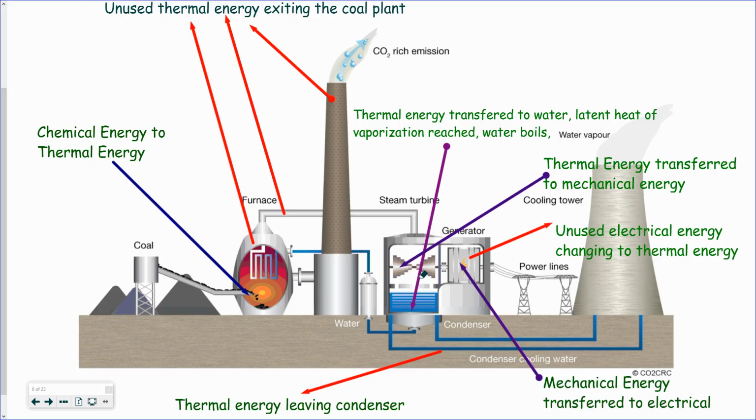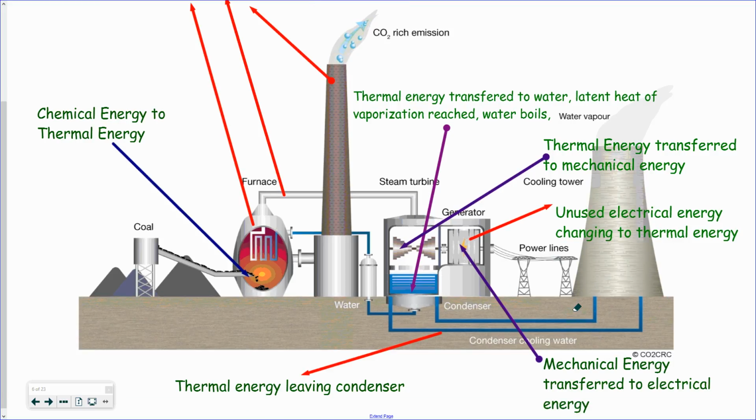That steam actually turns that turbine in order to get it to rotate. And when you rotate a turbine such as this, you create an electrical field. And with that kinetic energy, you can transfer that to electrical energy that can then be transferred throughout the power lines and into the community.